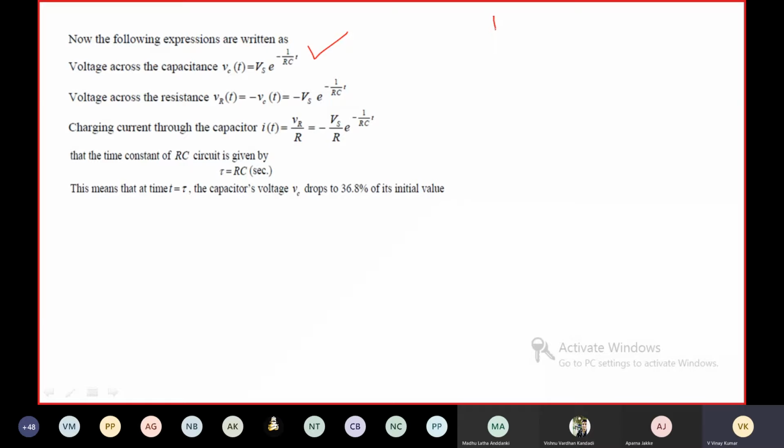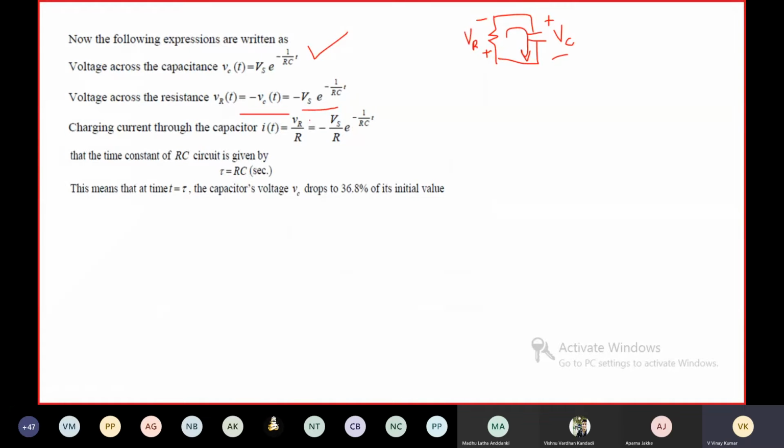So we have the circuit like this. Vc is the voltage across the capacitor, and the current flows like this. The voltage across the resistor is VR, so VR is equal to minus Vc of t, which is minus Vs e power minus t by RC.